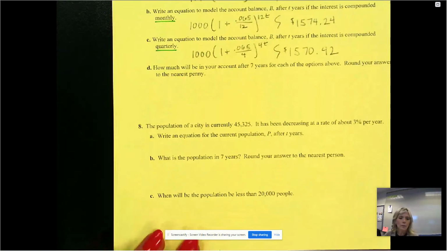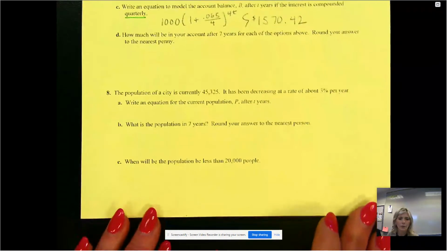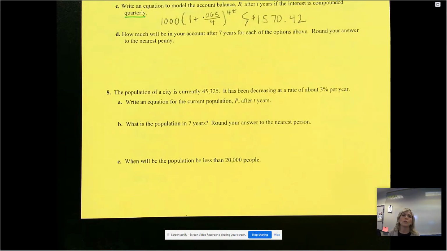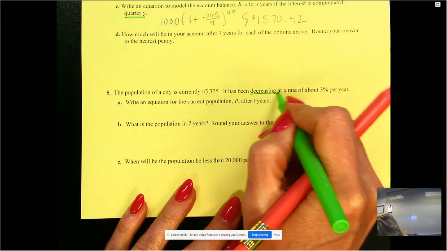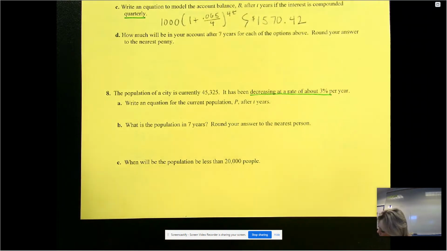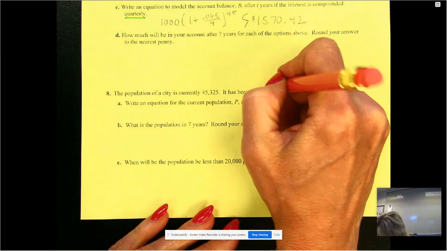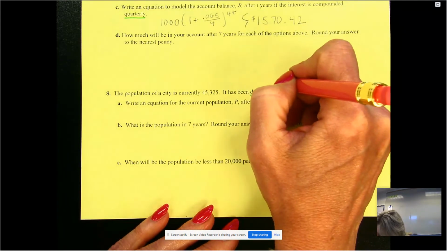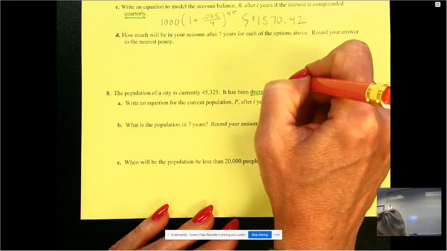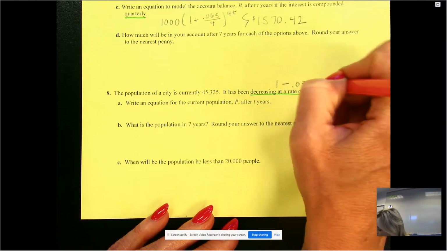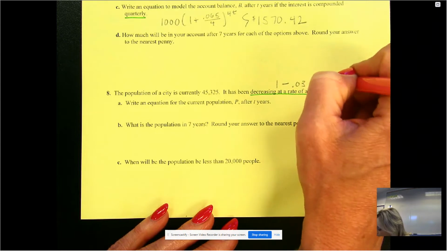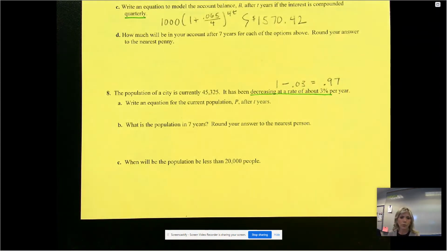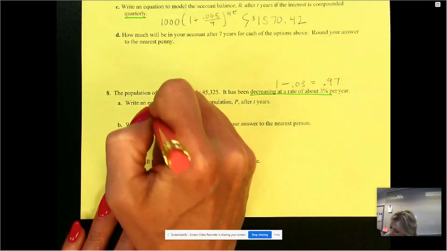Okay, number 8. The population of a city is currently 45,325. It's been decreasing at a rate of about 3% per year. So decreasing means, if it was increasing we would add, we subtract because it's decreasing. So our factor is 0.97. Write an equation for population.